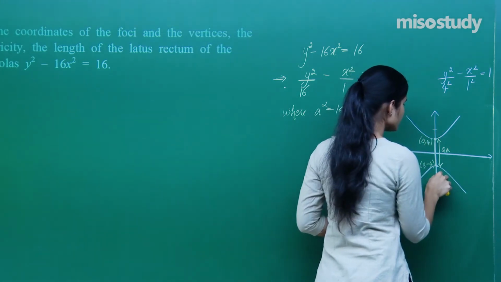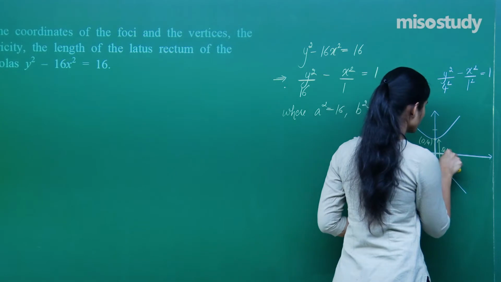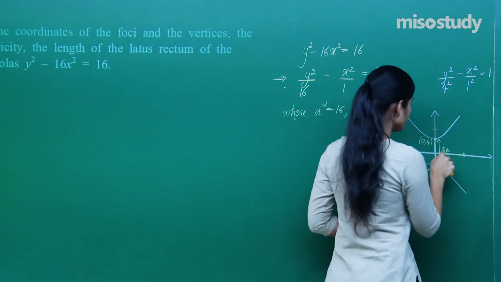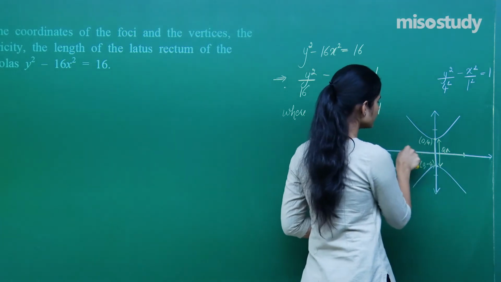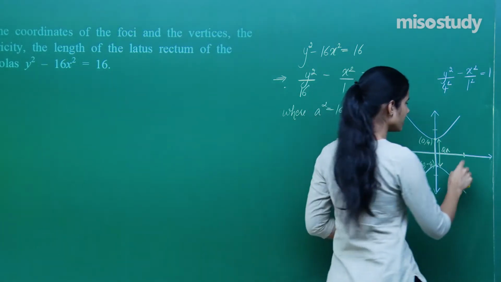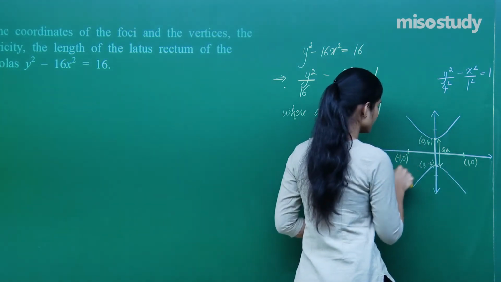Here is your focus. The length of your conjugate axis is 2b. From here to here it is b, from here to here it is b. What is b? B square is 1 square, so b is 1. This is (1, 0). This is (-1, 0).